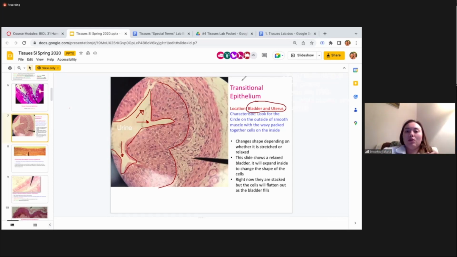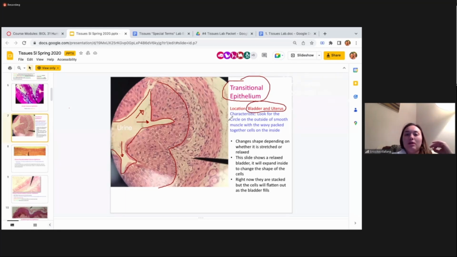So the reason it's called transitional epithelium is it transitions from all of these cells hanging out, relaxed, to being one tight singular layer of cells when the bladder is full.